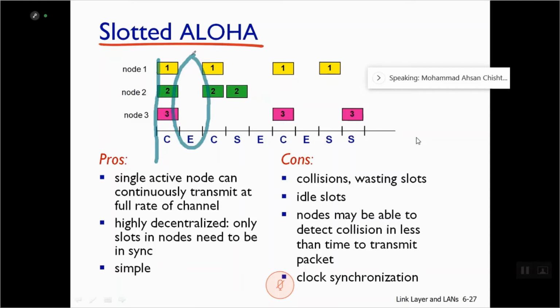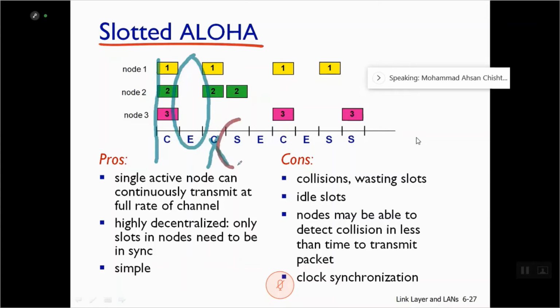Node 1 and 2 decided to send in the next one. Again, a collision occurred. Then this is a cross. After this, node 1 decided that I will send after 2 slots. Node 2 decides that I will retransmit at the same instance.